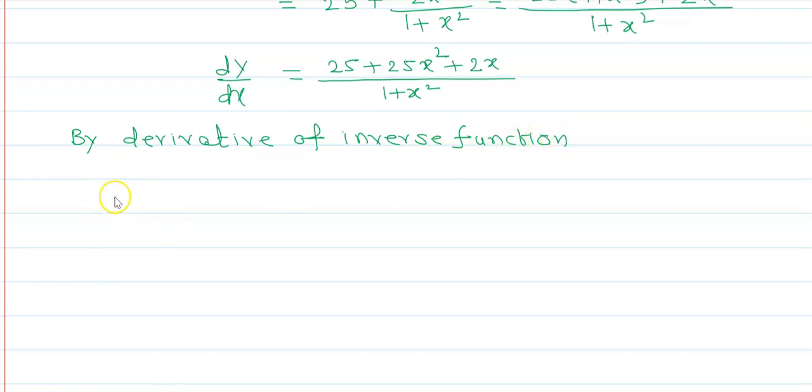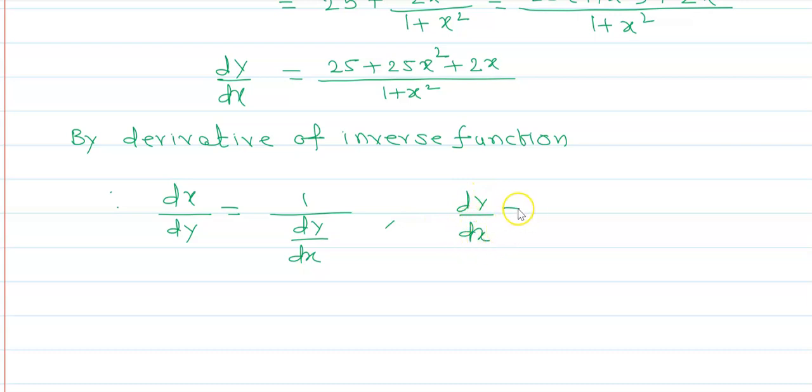What is that definition? dx upon dy is equal to 1 upon dy upon dx, where dy by dx is not equal to 0.